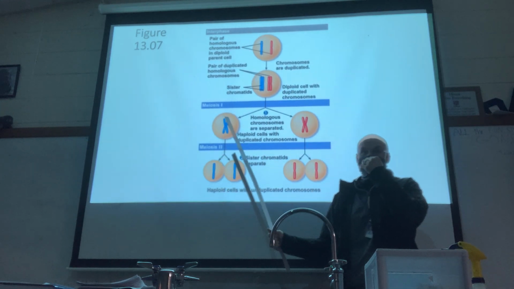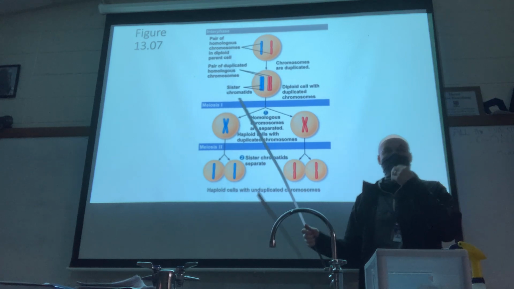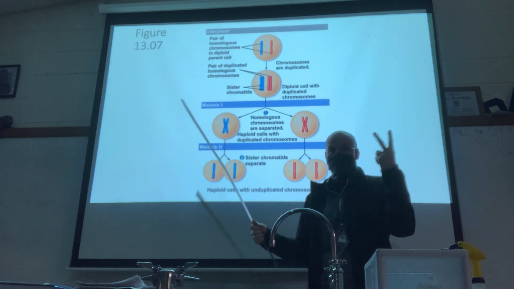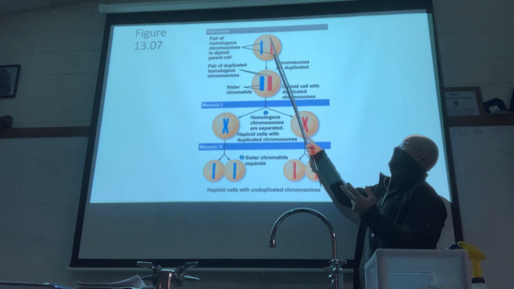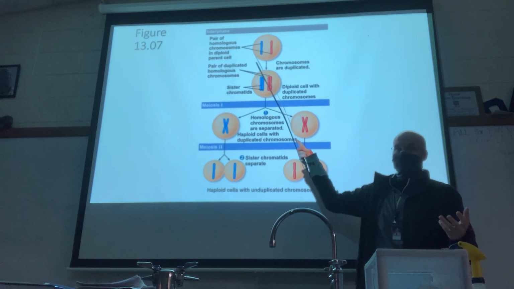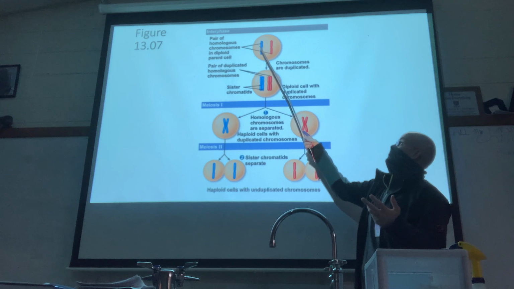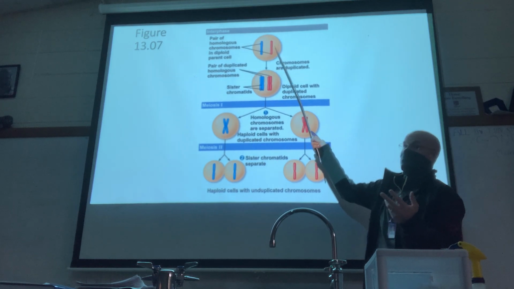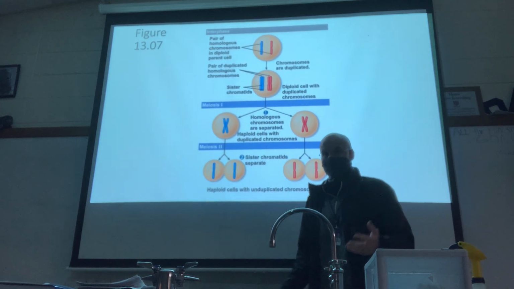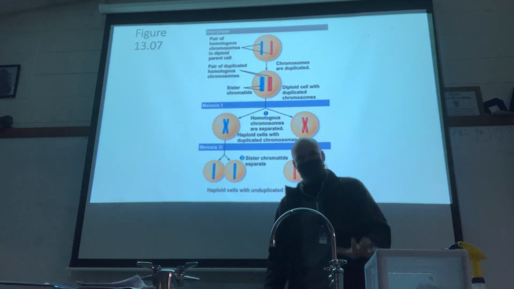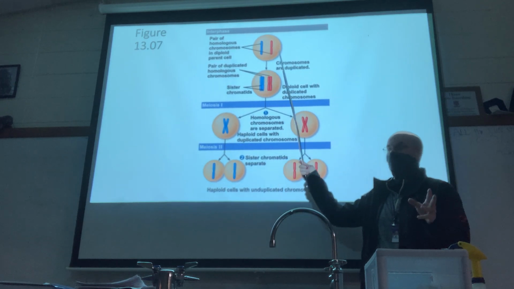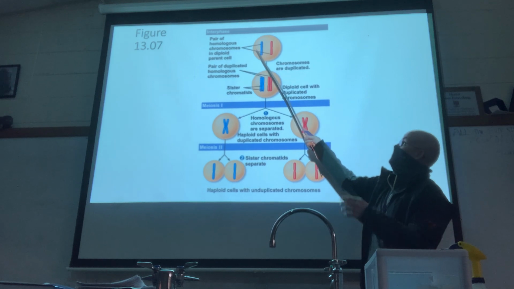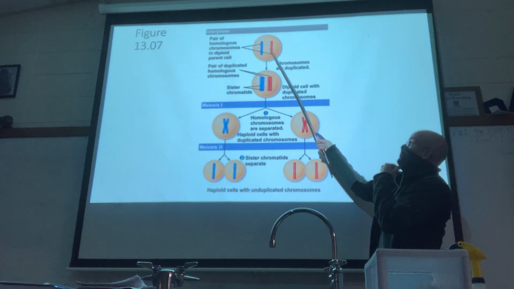In this example, this cell has 2 chromosomes as opposed to 46. If we were to diagram this as a human cell, it would have 23 blue ones and 23 red ones for a total of 46, but we're keeping it simple in this diagram, so we have 2. The diploid number for this cell is 2. That's one chromosome, that's the other.